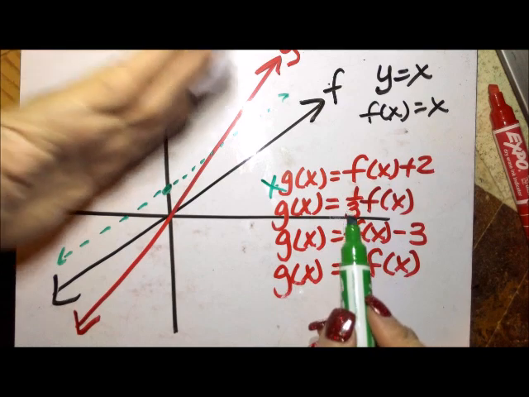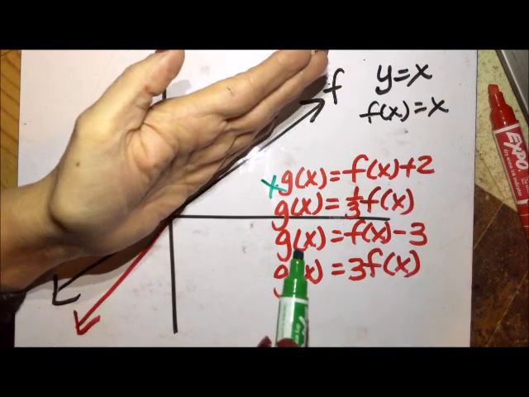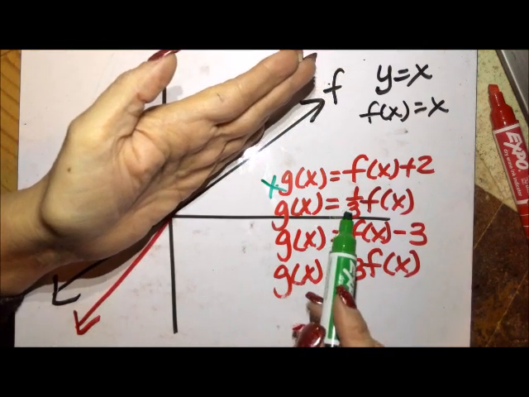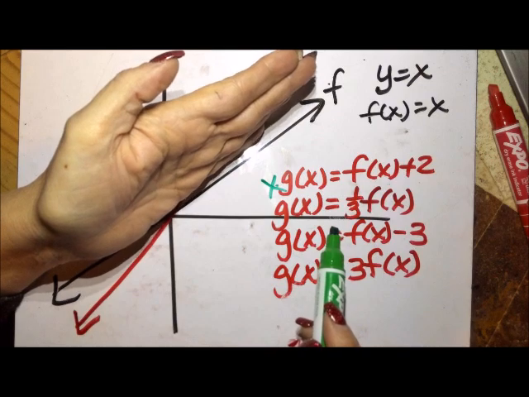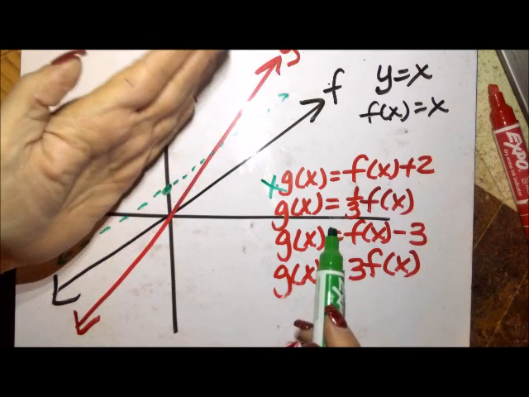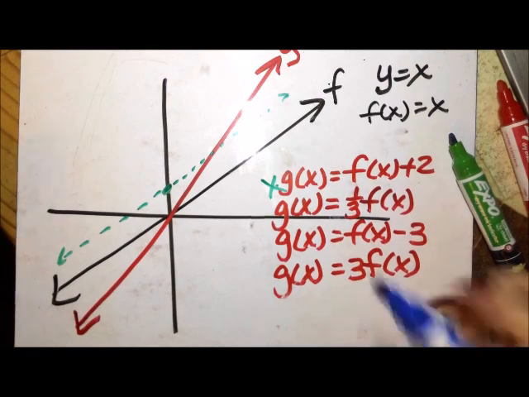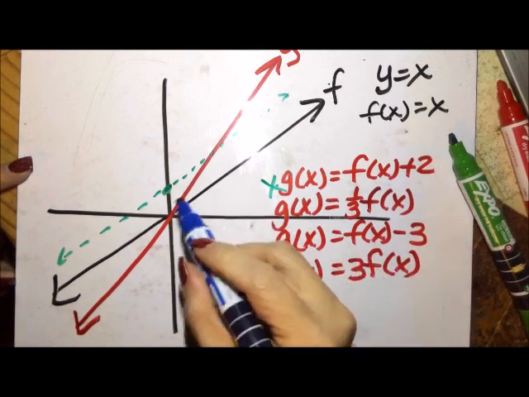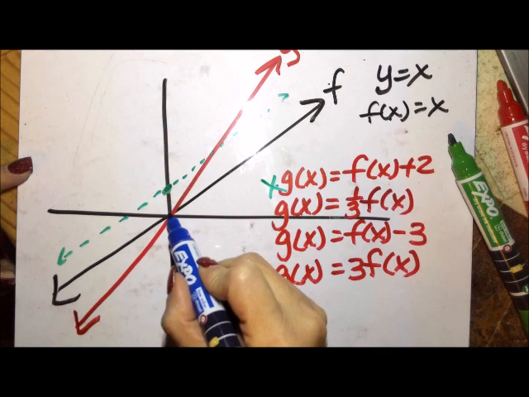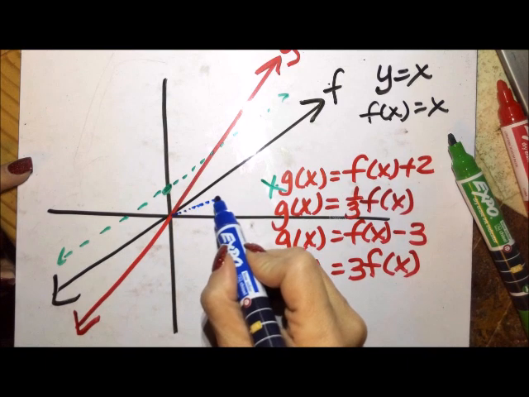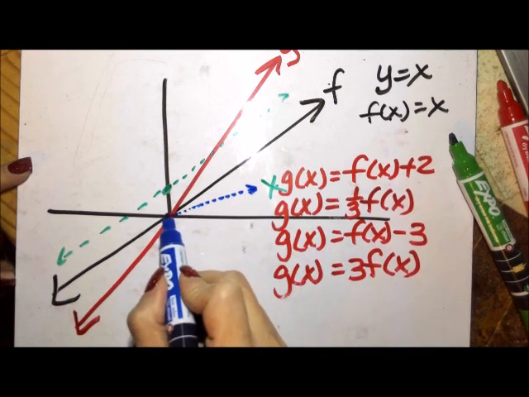1/3 x. Okay, that says if I take f of x and make the slope 1/3 of what it used to be. Fractions make your head hurt and make you want to lay down. So I'll use blue. 1/3, this one right here, is taking f of x and making it less steep.